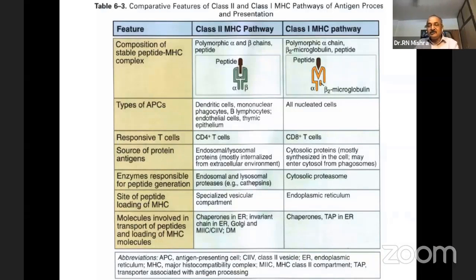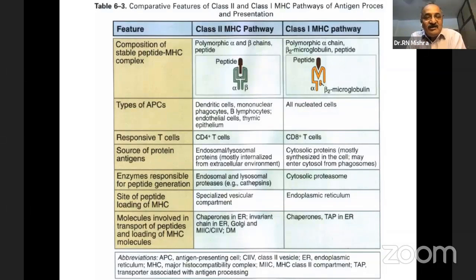Class 1 molecule is something like B27. That would easily relate to our rheumatic disease. DR4 is associated with rheumatoid arthritis, and that's a class 2 molecule. But here we are not talking of association with a disease. Here we are talking about what they actually do in antigen presentation.